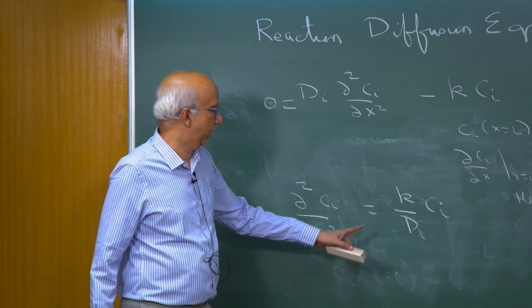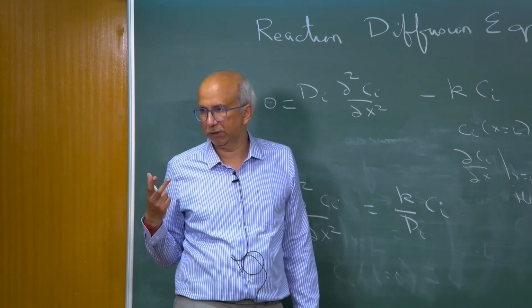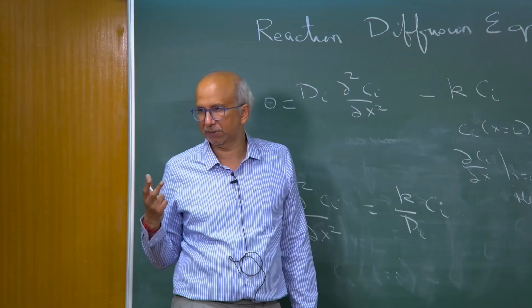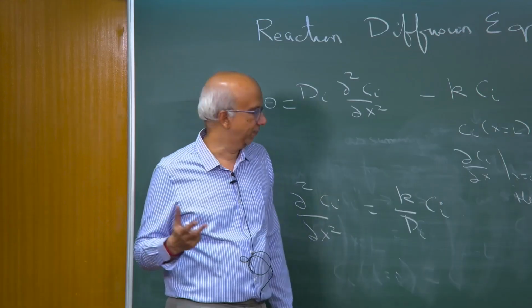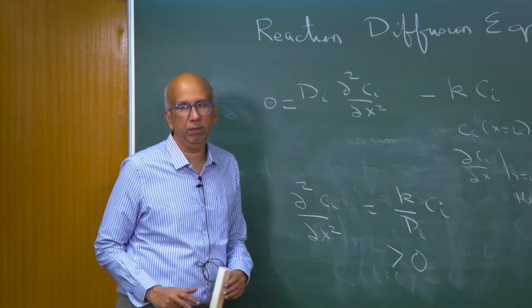What I know is that concentration cannot be negative; concentration has to be positive or, worst case, 0. So this is a positive quantity when I am writing it for a reactant.